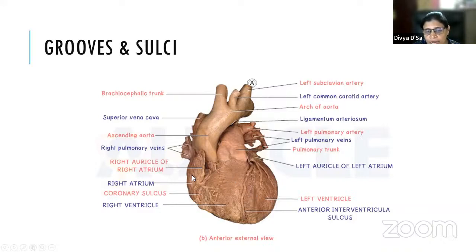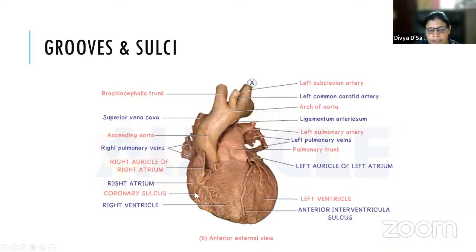So in the front we have the right atrioventricular groove, that is between the right atrium and the right ventricle, and the anterior interventricular groove, that is between the 2 ventricles, and here the left atrioventricular groove, that is between the left atrium and the left ventricle. Okay, so this groove or sulcus, it can be called both.